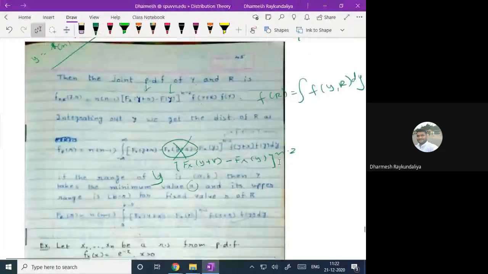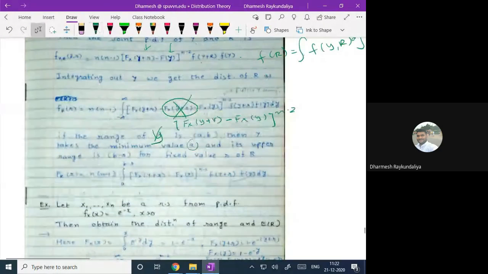If the range of xn lies between a to b, then the minimum value of y is a and the maximum value is b minus r.